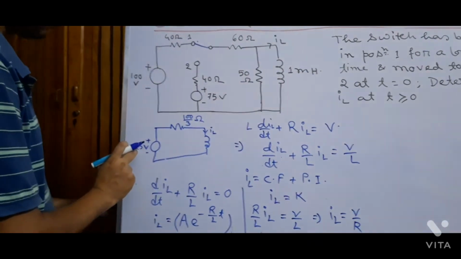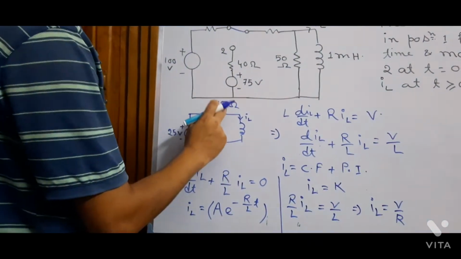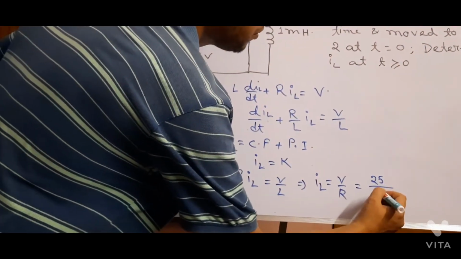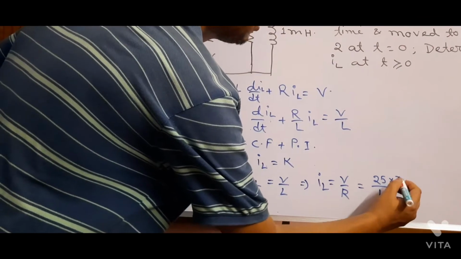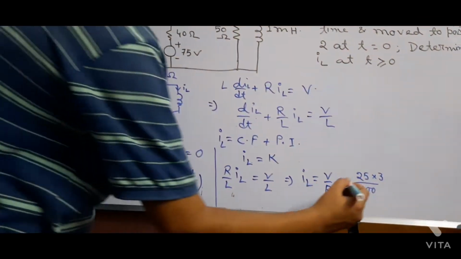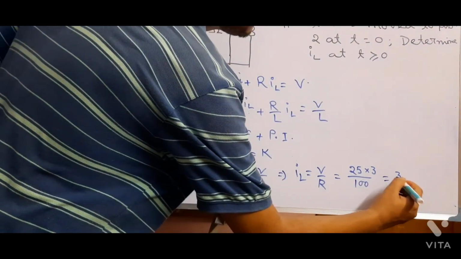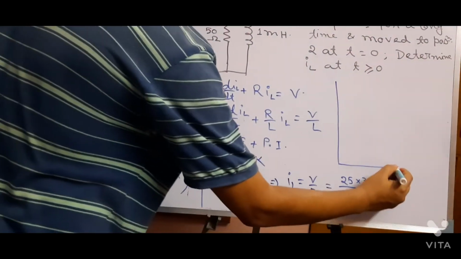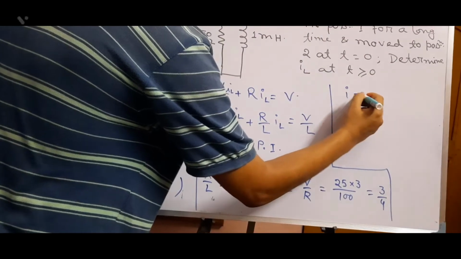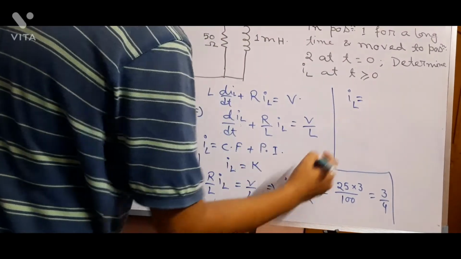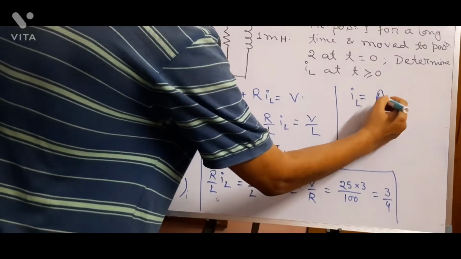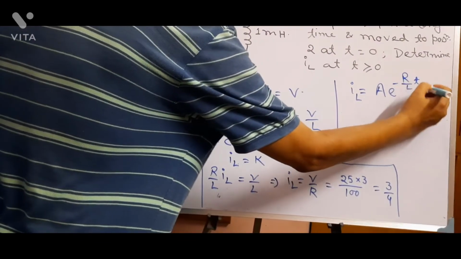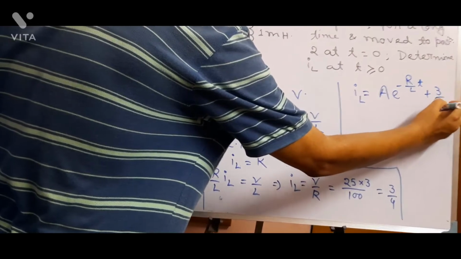V is 25 and R is 100 by 3. So 25 by 100 into 3, so this is 3 by 4. So the complete solution of I is IL equal to A e to the power minus R by L into T plus 3 by 4.